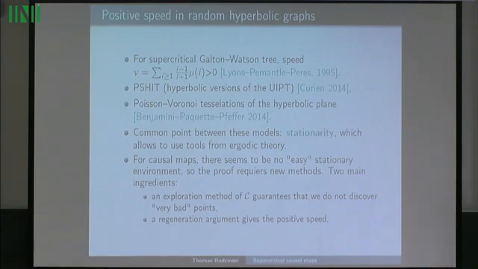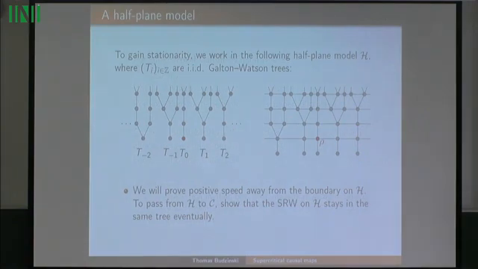And the second ingredient is more classical. It's a regeneration argument. So we use renewal times, which is a classical tool, for example, in the study of random walk in random environment. Okay, so let me now move on to the details of the proof.